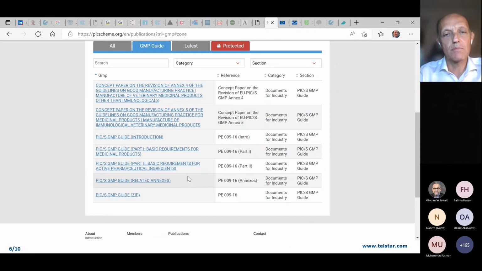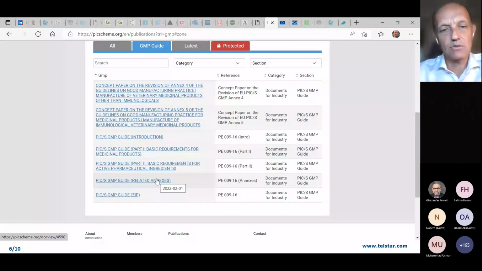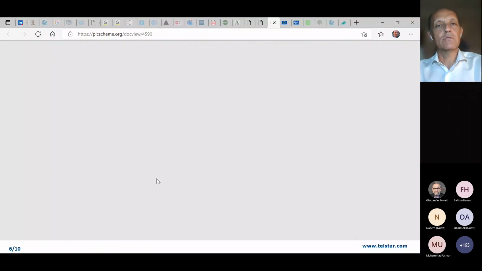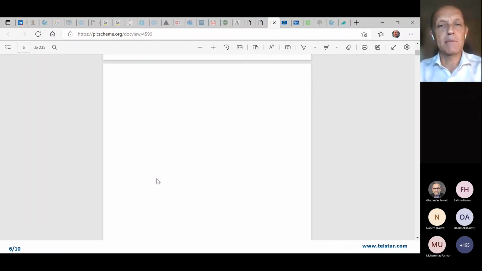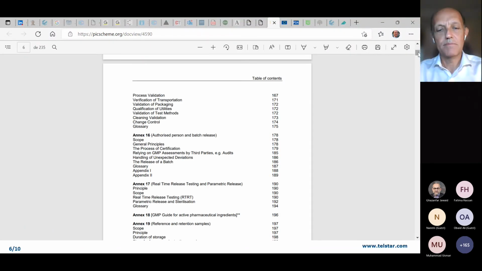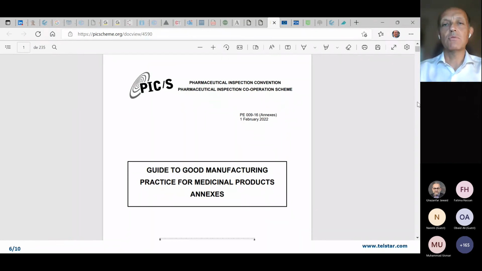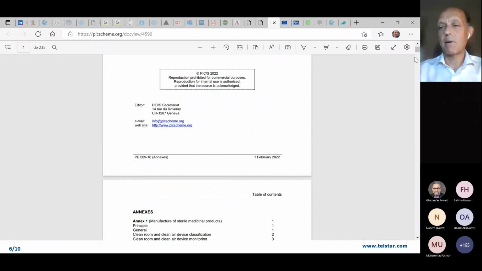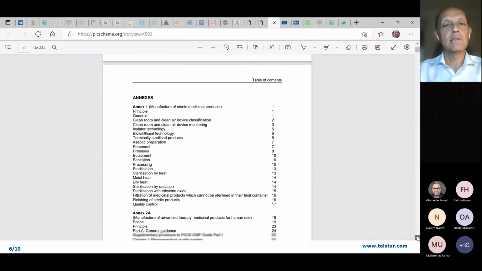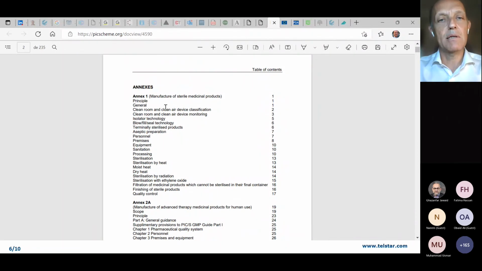And linked to Part 1, you also have the annexes. Let me get quickly into the annexes, just to give you an example. We don't have time to review the whole thing, but at least I will give you an idea. If we get into the annexes of this PIC scheme guide to good manufacturing practice, you have one annex which is called Annex 1, Manufacture of Sterile Medicinal Products.